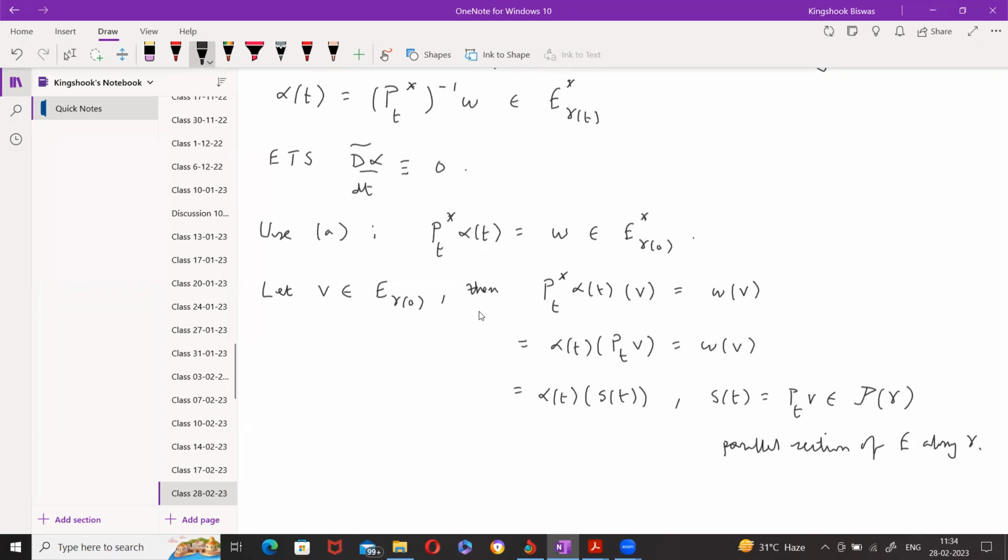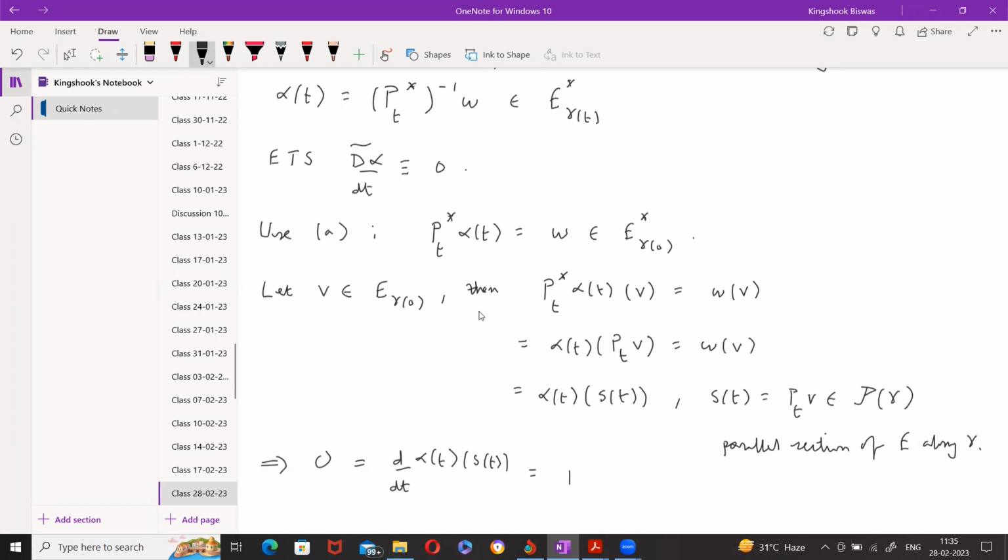Okay. So I'm getting that this alpha t composed with this parallel section S(t) is constant, equal to omega of V. This doesn't depend on t. So therefore, 0 is equal to d/dt of alpha t applied to S(t).